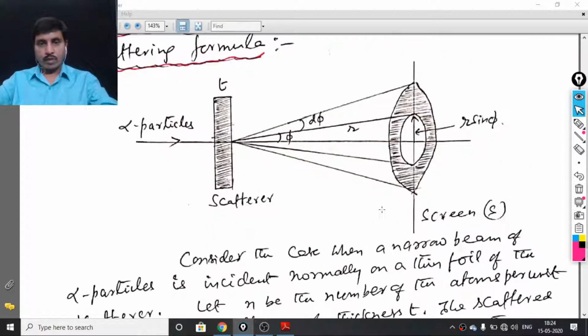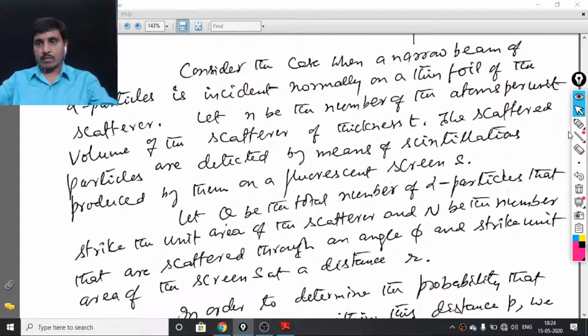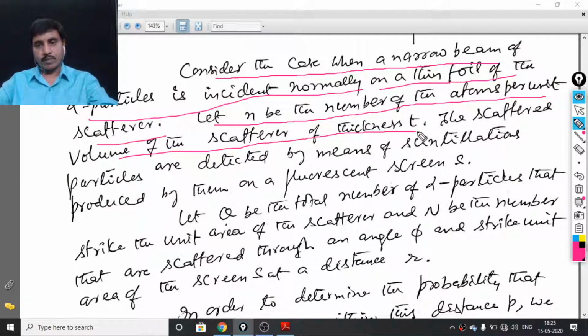Now, explanation. Consider the case when a narrow beam of alpha particles is incident normally on the thin foil of the scatterer. Let small n be the number of atoms per unit volume of the scatterer of thickness t.